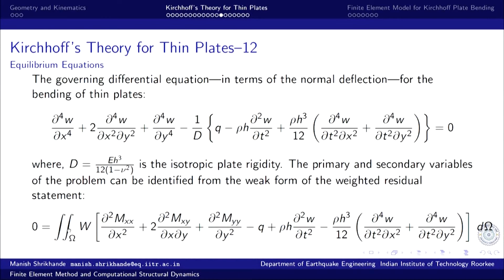It is a two dimensional equation, with variations with respect to x and y. So we define the weighted residual statement, where W is the weighting function, put it to 0, integrate it over the xy domain, and again use the divergence theorem.